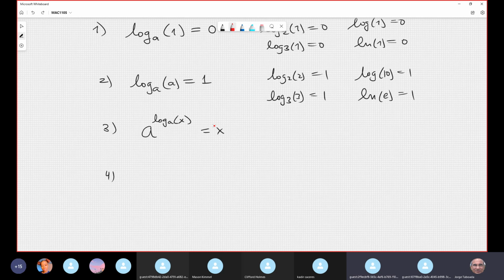Likewise, you have, for example, logarithm of an exponential inside. Same situation. This exponential and this logarithm cancel out. And the answer is x, which represents the identity function. Okay, this is property 3 and number 4.